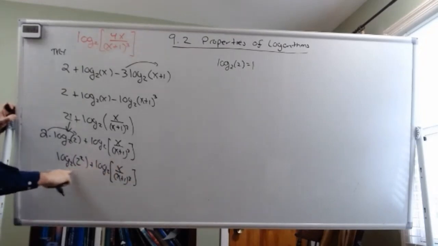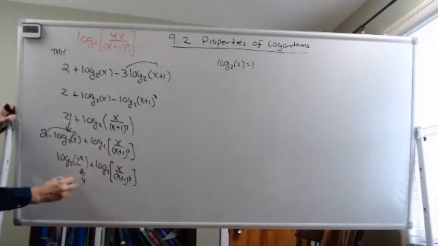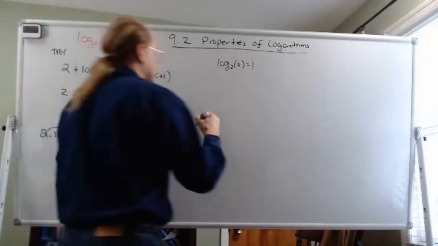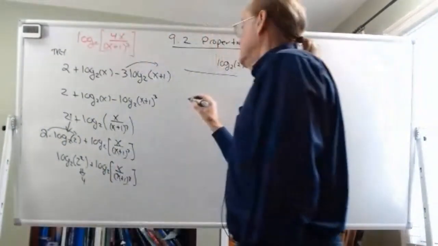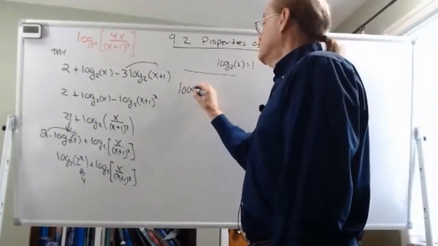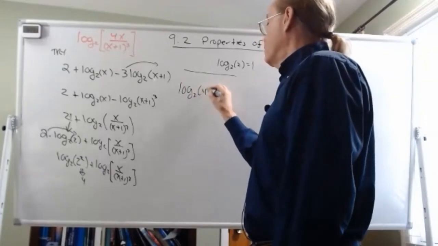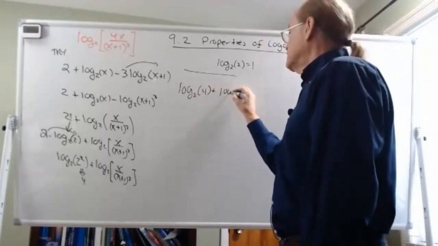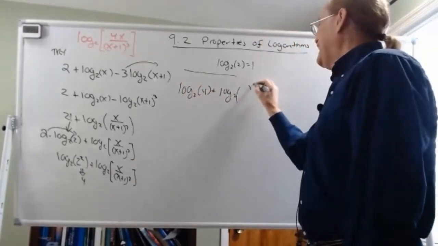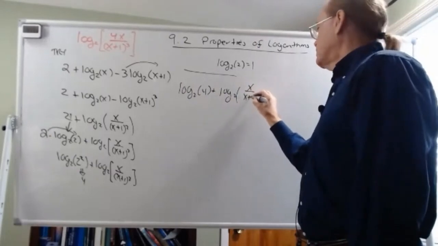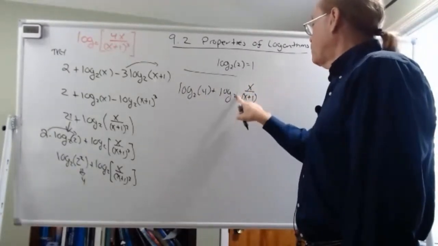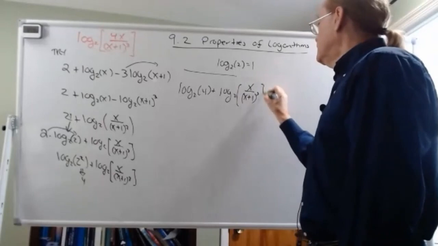Now this is an addition, so I can turn it into a multiplication. Now I could square the 2. 2 squared is just 4. So I get it over here as my log in the base 2 of 4 plus log in the base 2 of x over x plus 1 quantity cubed.